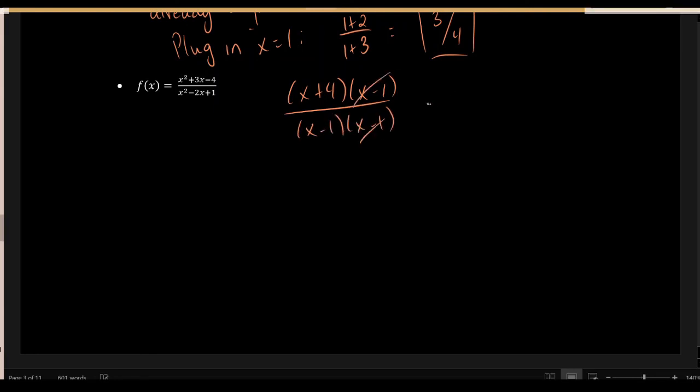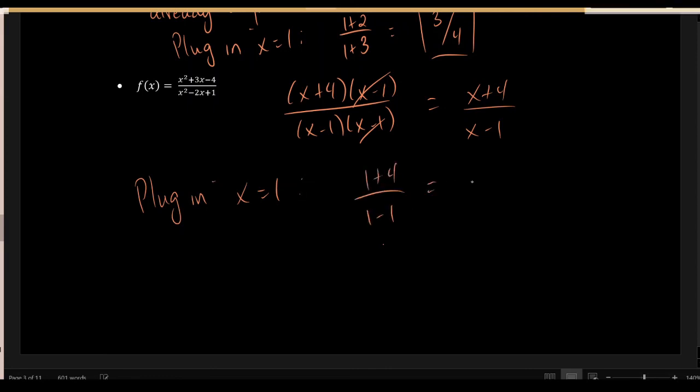If I cancel the common factor, I'm left with x plus 4 over x minus 1. If I try to plug in x equals 1 into this simplified formula, I get 1 plus 4 over 1 minus 1, which is 5 over 0. Uh-oh. So this quantity is not a real number. This does not exist, and therefore the limit does not exist either.